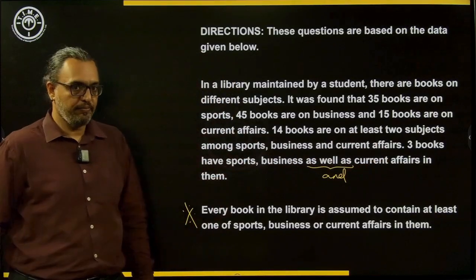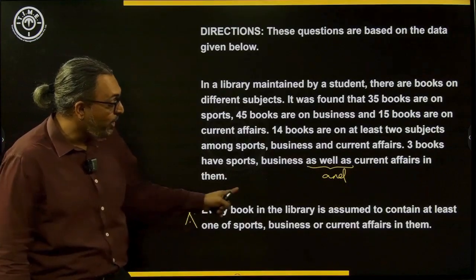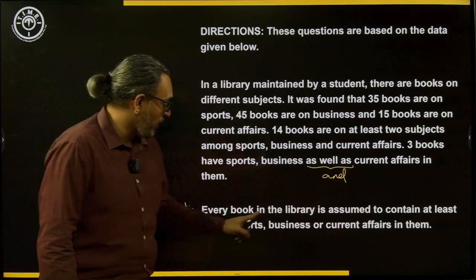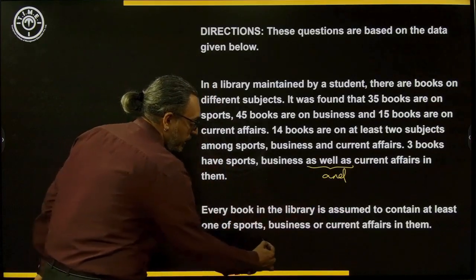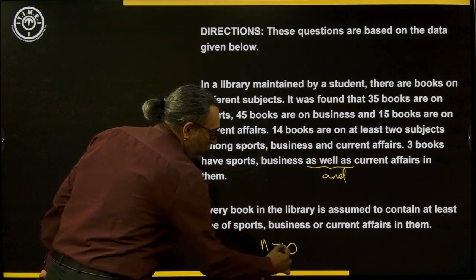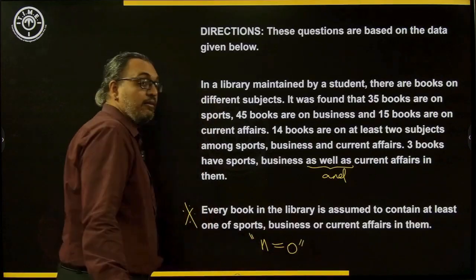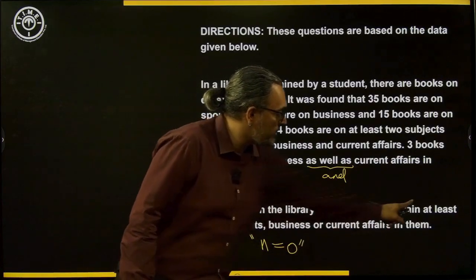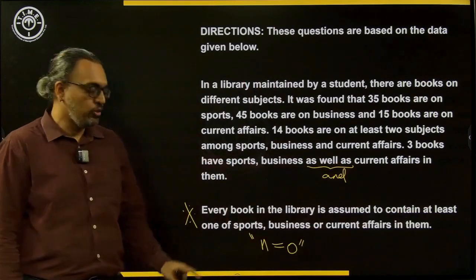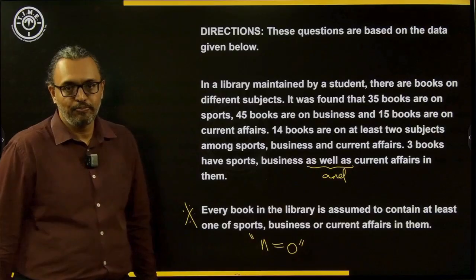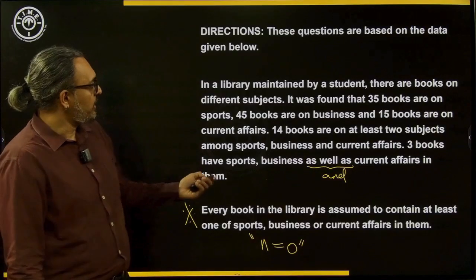And here every book in the library is assumed to contain at least one of sports, business or current affairs. What does this mean? This means n value should be 0. Every book is containing at least one of these 3 in them. So n value is 0. Correct? So let's take this.